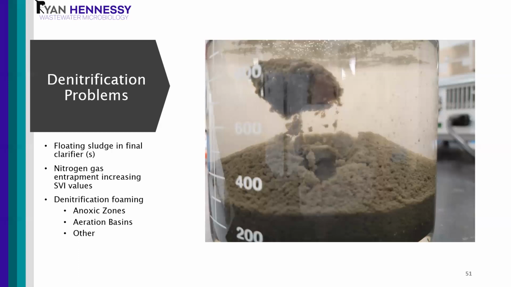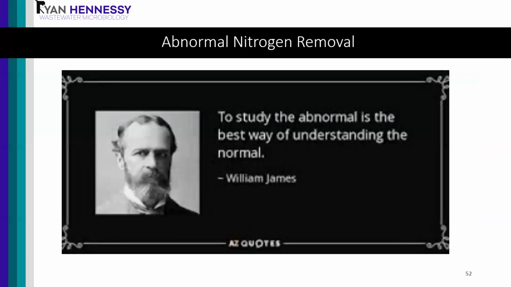So you can have a condition where, if you have a set point of 2 milligrams per liter of DO, as that DO penetrates the flocs, as you get to the inside of the floc, all the DO is gone. And if you've nitrified, now you have nitrate as an oxygen source for the bacteria, and that's going to create denitrification.